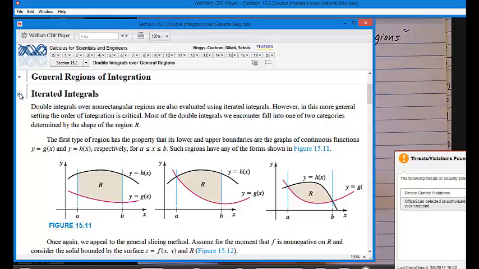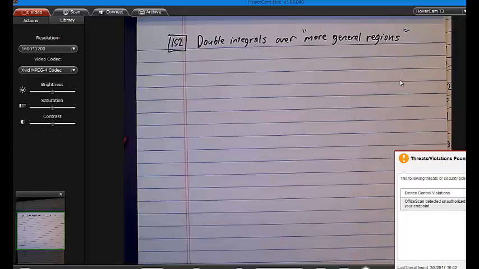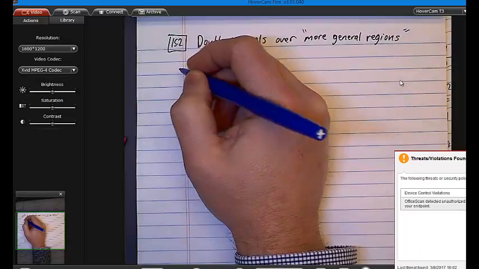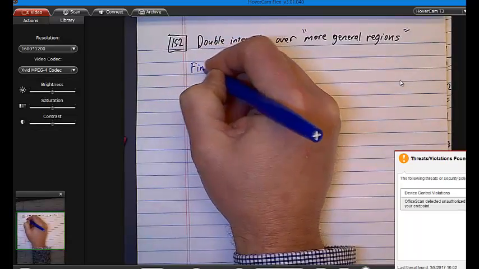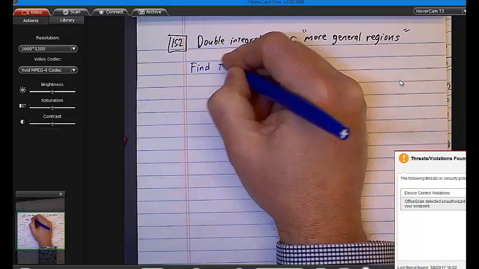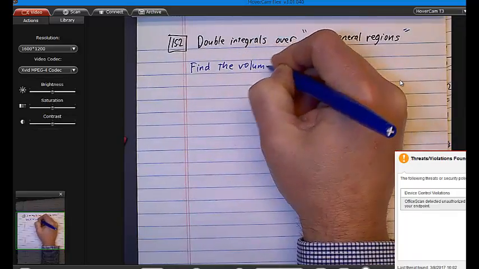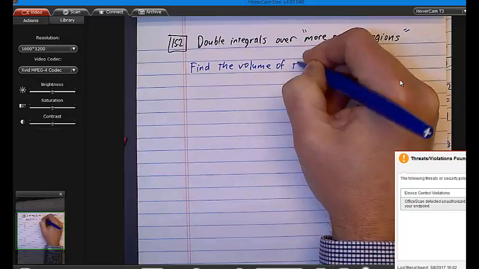This is a good way to do this, maybe. So here's my example. Find the volume of the solid.